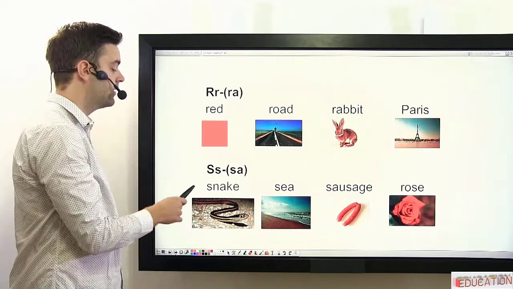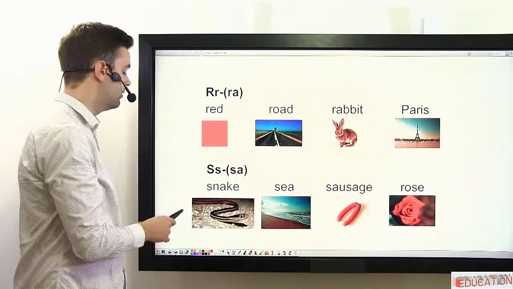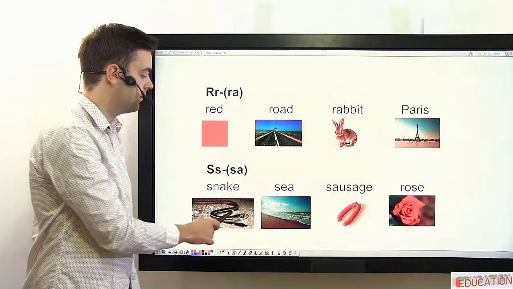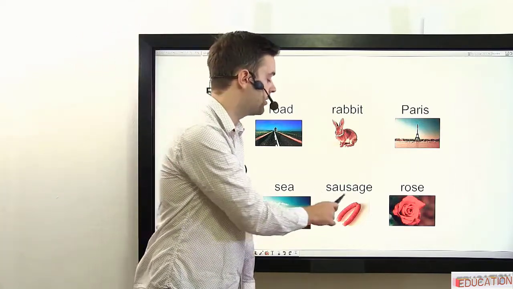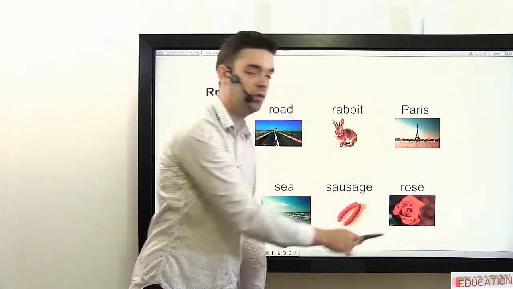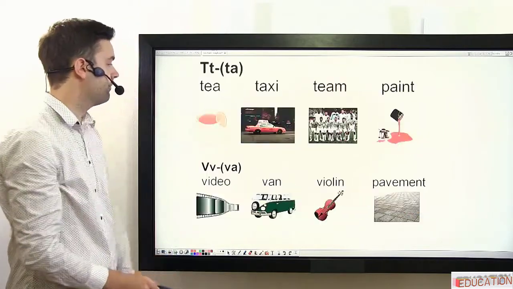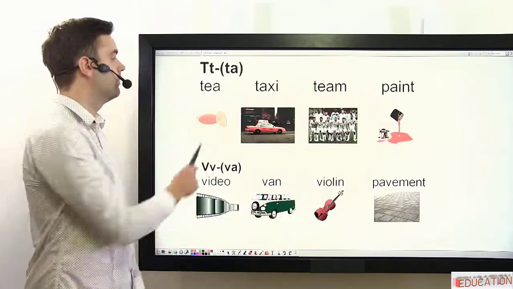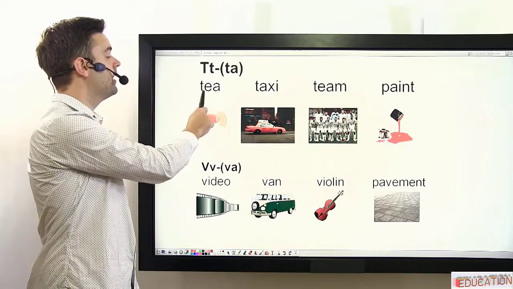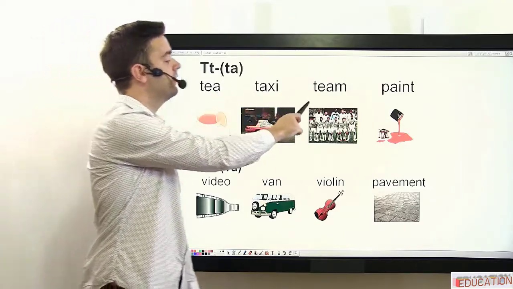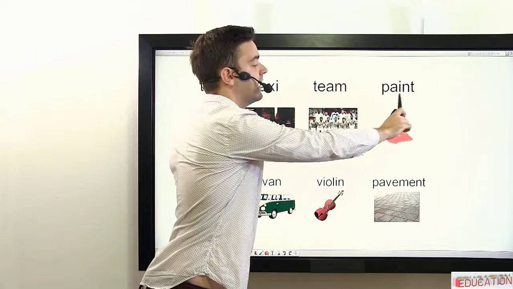S: snake, sea, sausage, rose. T: tea, taxi, team, paint.